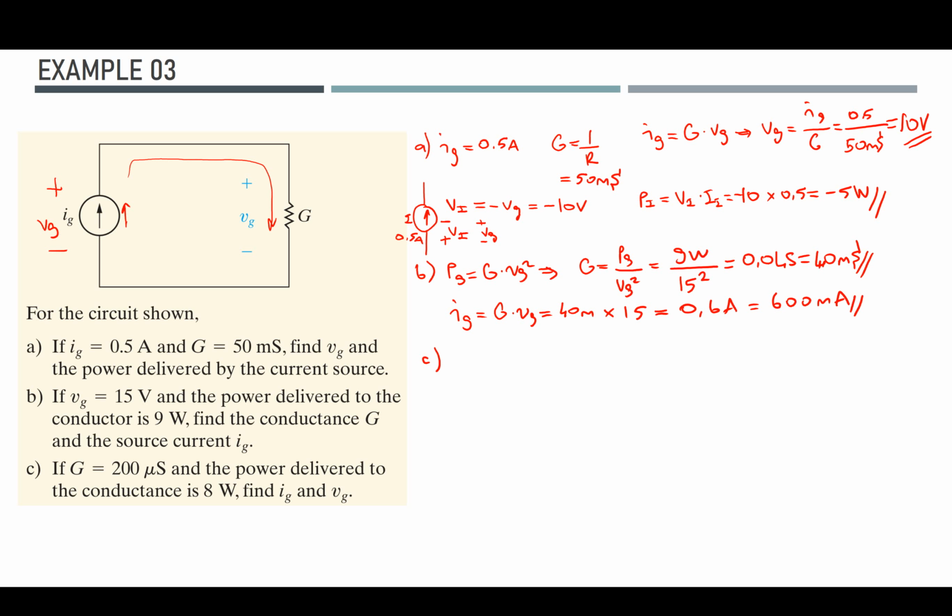First of all, I can use the same formula, like the power of the conductor is going to be conductance times Vg square, and from here I can find the Vg as the square root of Pg over G. Since I know my Pg as 8 watts, and also the 200, since micro is 10 to the minus 6.